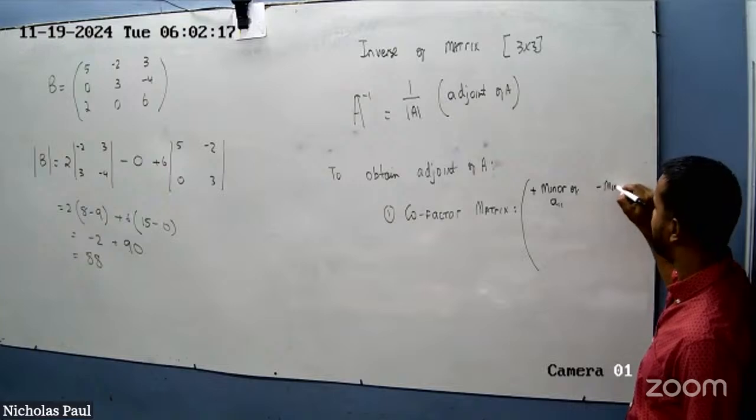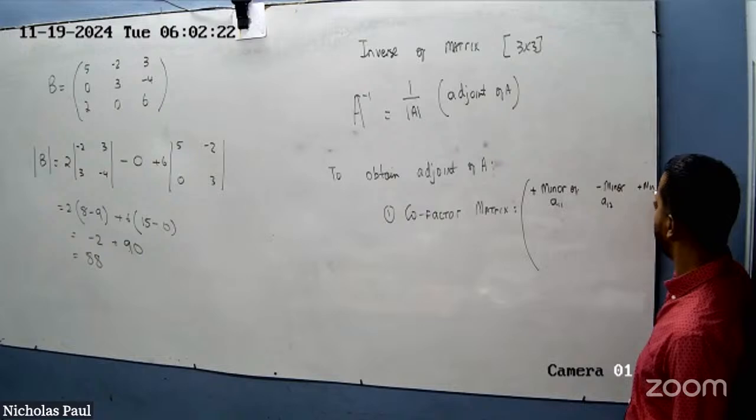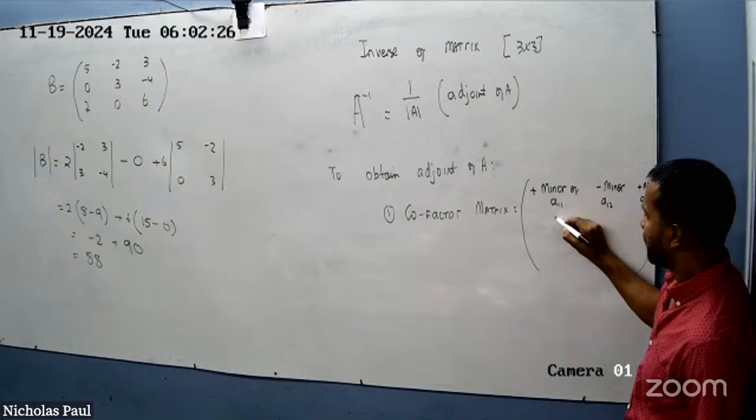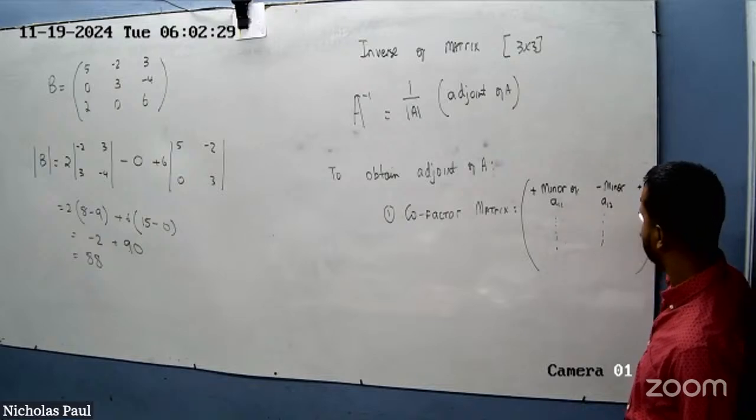Positive A11, minus A12, positive A13, and you follow that pattern.